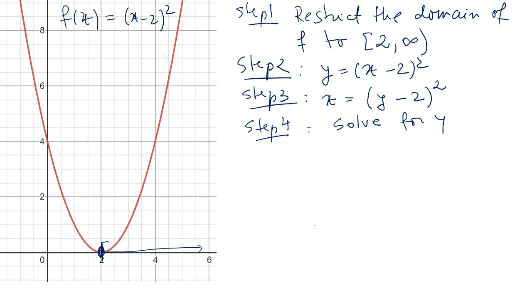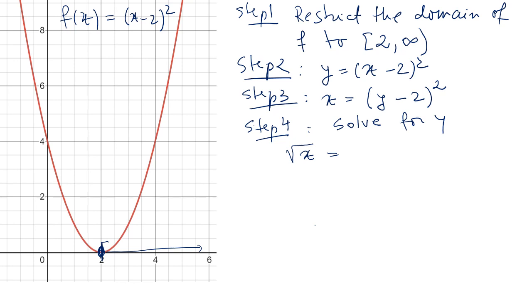Well, because we have (y minus 2) squared, what we can do in the first step is to take the square root of both sides. So we have square root of x equals, and now y minus 2 is, remember, this is the old x, so this is a positive value because we restrict it to the interval 2 to infinity.